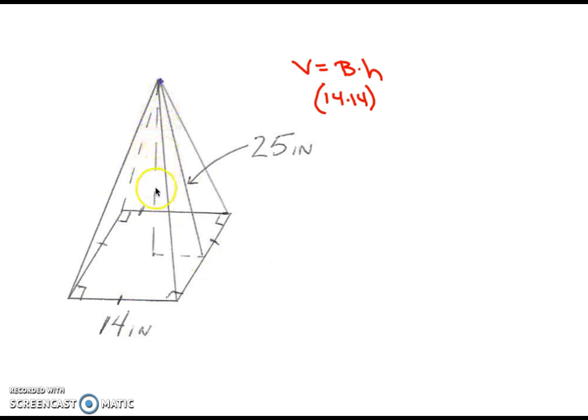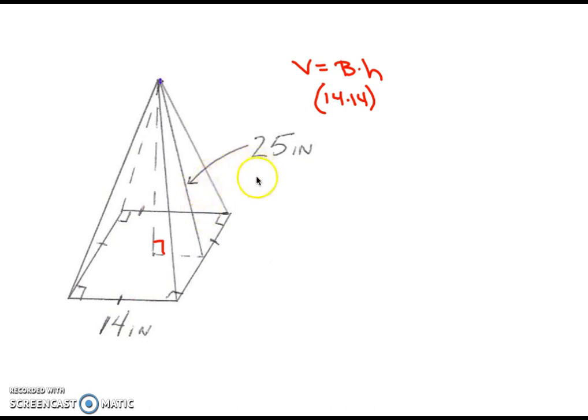So if I connect these, I can create a right triangle in order to help me solve for the height. You can see right here would be my right angle coming down with my slant. If you think back to lateral area and surface area, sometimes you had to do Pythagorean theorem because you were given the height and you had to find the slant. Well, in this case, it is just the opposite. You were given the slant, but you have to be able to do Pythagorean theorem to solve for the height.